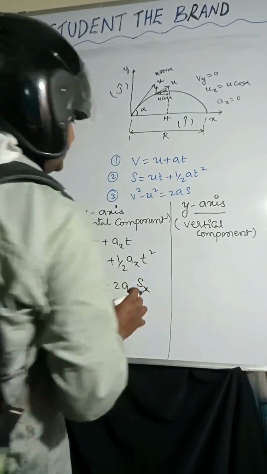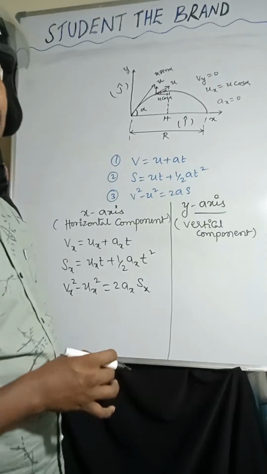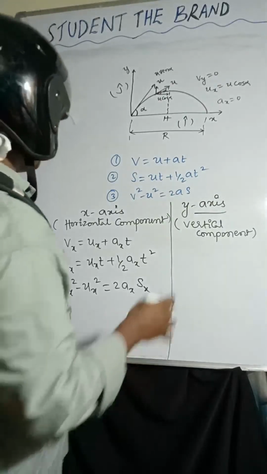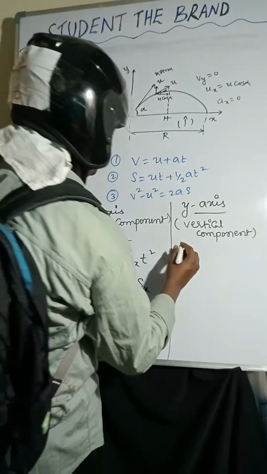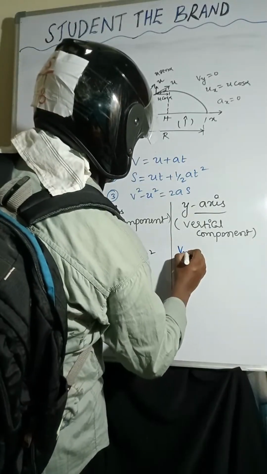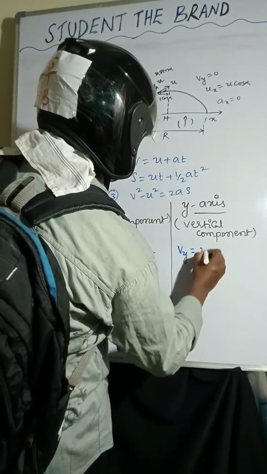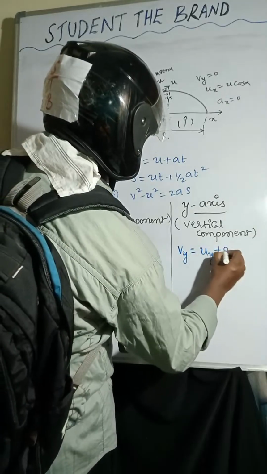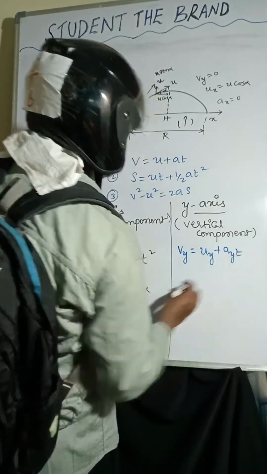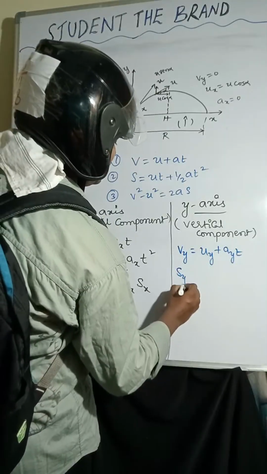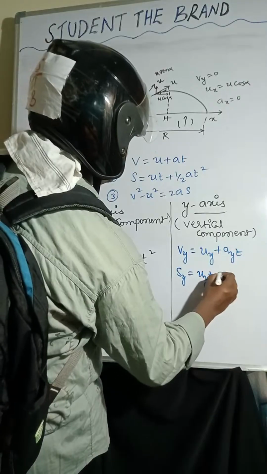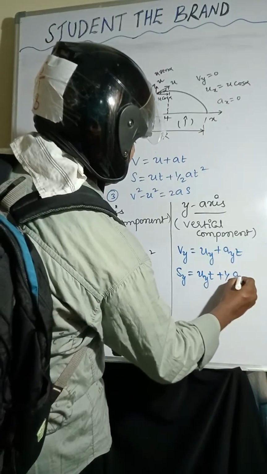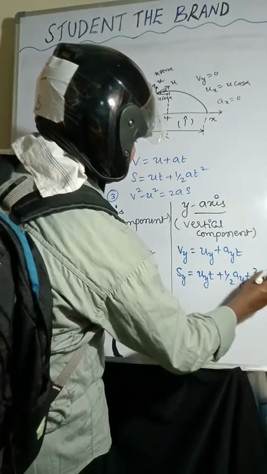Coming to the y-axis, the vertical component: vy equal to uy plus ay into t, and sy equal to uy into t plus half ay into t square.